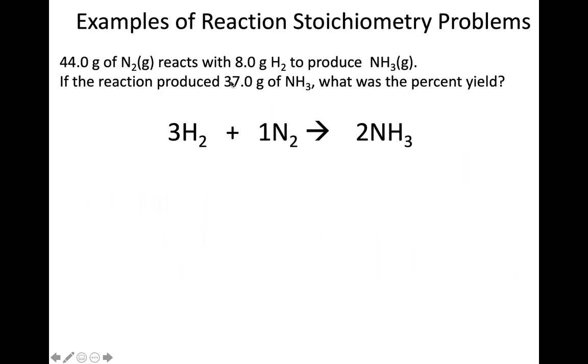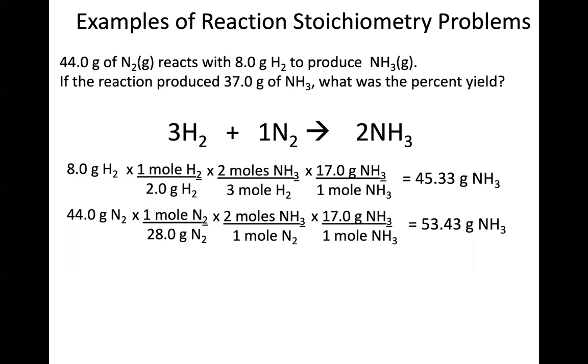Here's a very typical scenario. We've got a certain amount of N2 and a certain amount of H2. It tells me the amount of product that was formed, and it asks for the percent yield. The first thing I'm going to do is calculate the theoretical value. Here I work it through using dimensional analysis.